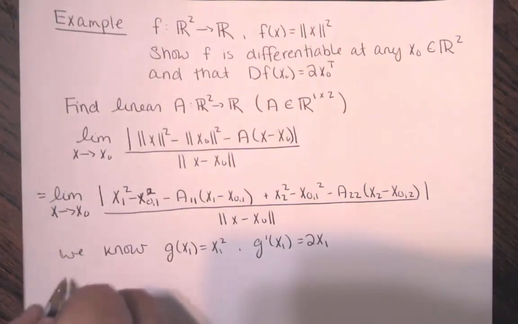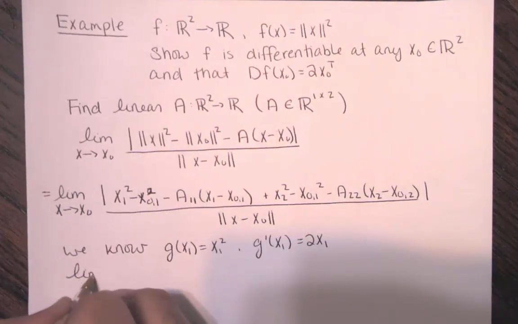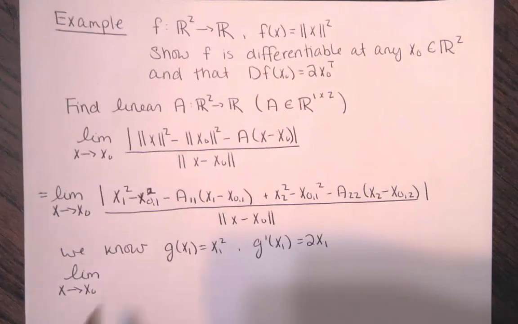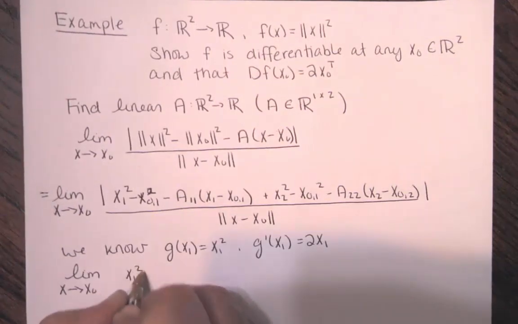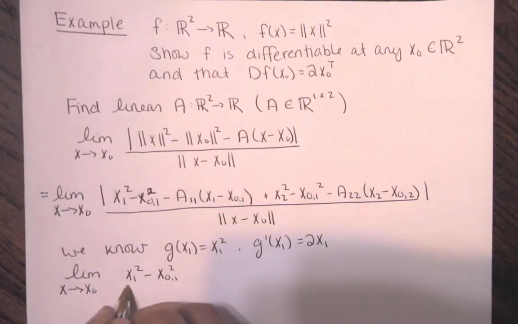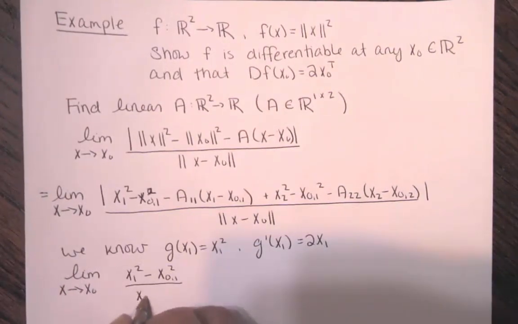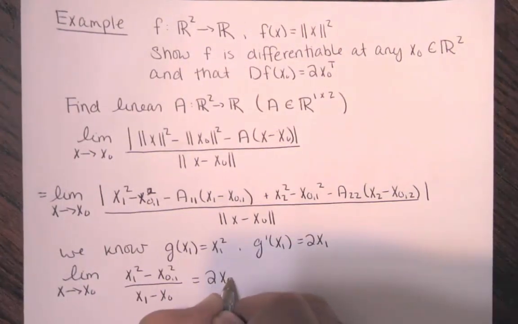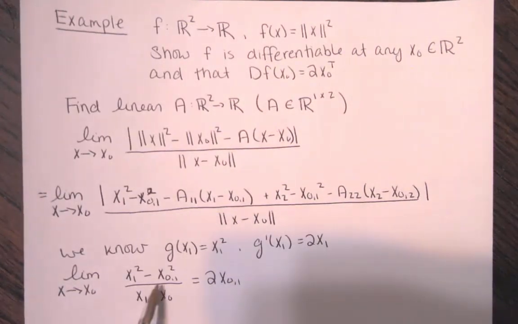That means that the limit as x approaches x naught of x1 squared minus x naught 1 squared divided by x1 minus x naught equals 2 x naught. Right, because I'm taking the derivative specifically at x naught 1.